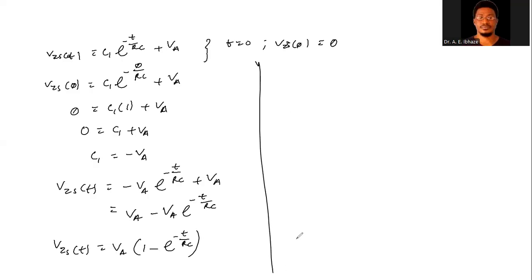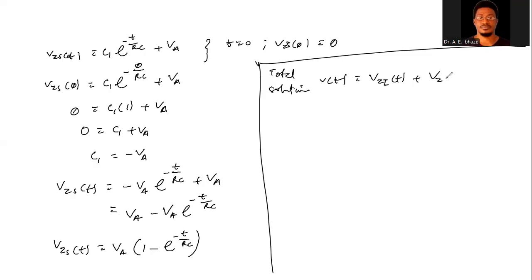Now that we have done this, the total solution, that is V of t, will now be the same as the zero input response, V sub Zi of t, plus the zero state response solution, V sub Zs of t.